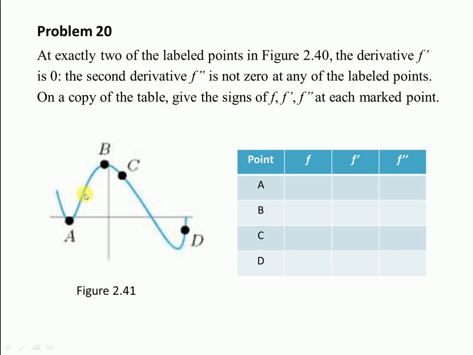We want to identify at each point whether the original function, first derivative and second derivative have a positive, 0, or negative value. So we need to determine those signs for the points A, B, C, D for the 3 functions.